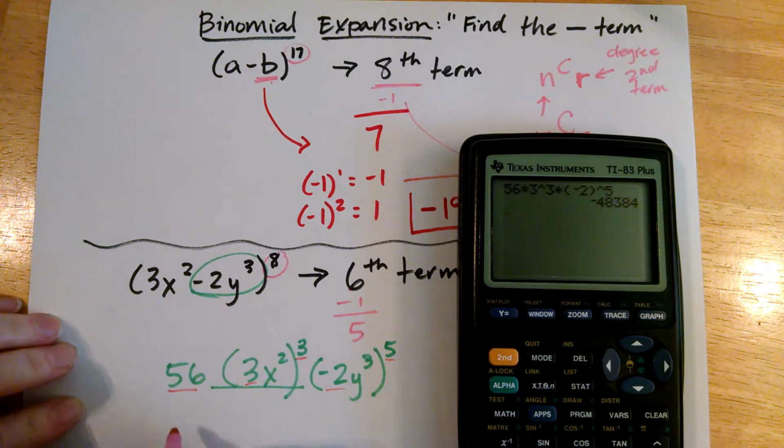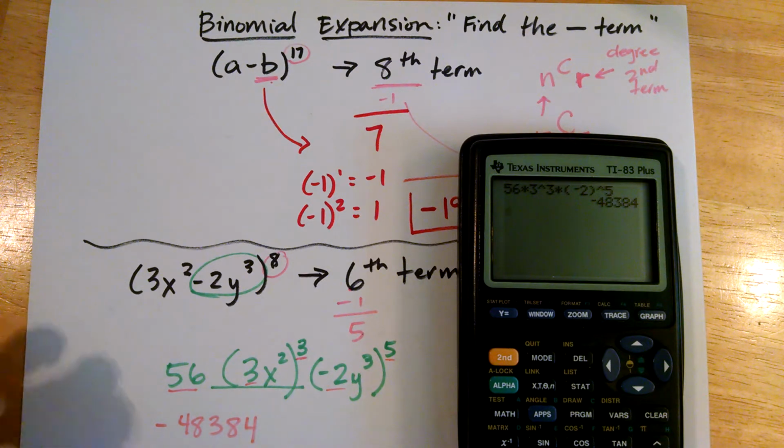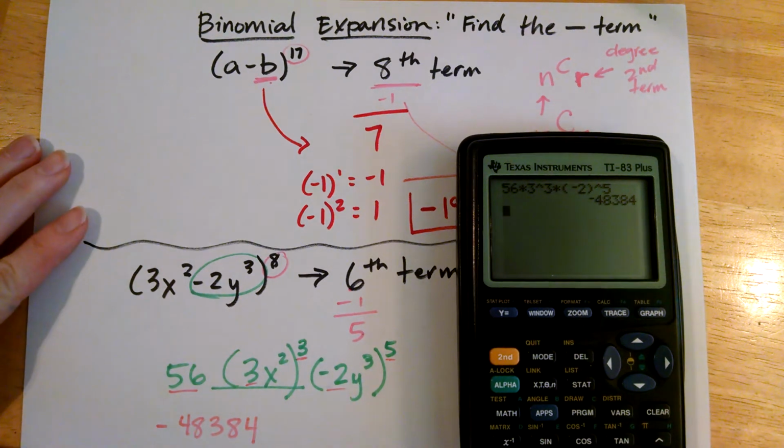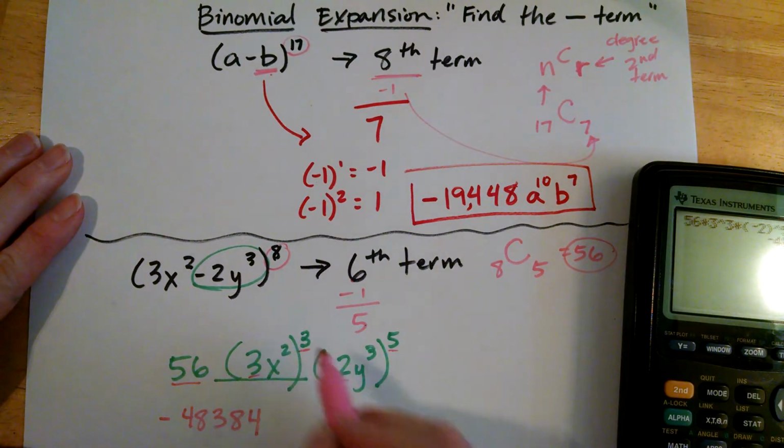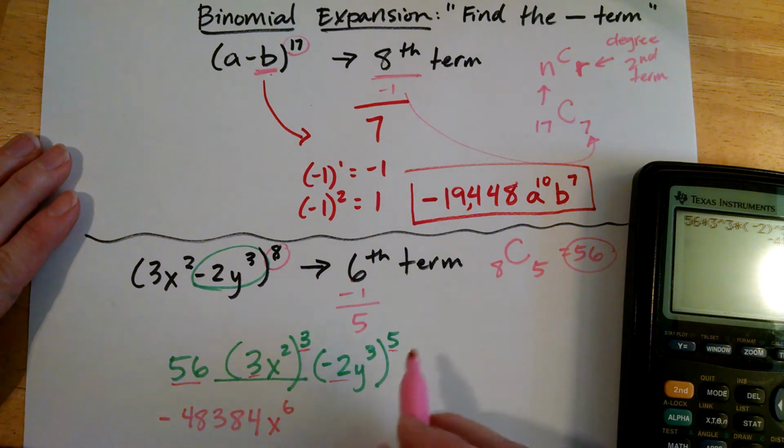And we get, wow, negative 48,384 as my coefficient. Now I need to put in my variables. When we have a power to a power, we multiply. So that's x to the 6th. And then 3 to the 5th, we multiply those, so y to the 15th.